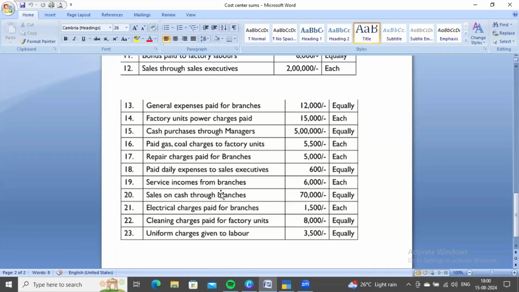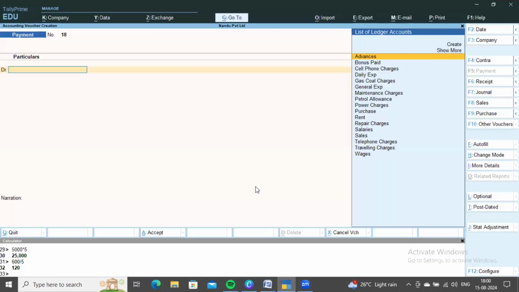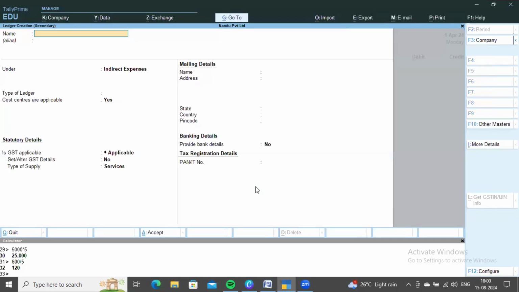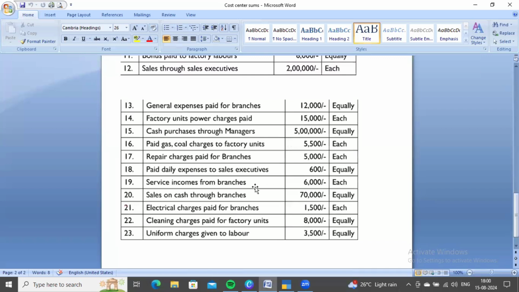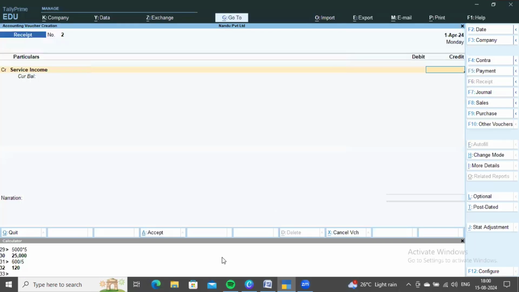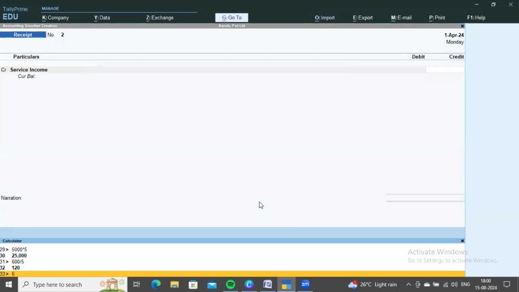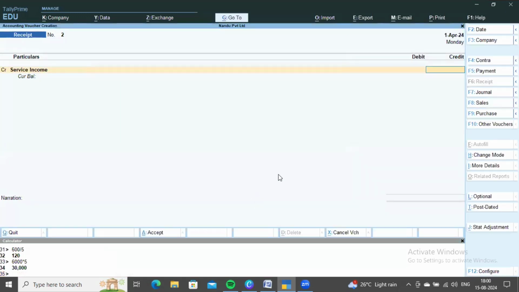Next, service income from branches. Here you are receiving income from the branches category, so it is a receipt to us, right? Go to receipt voucher and create a service income ledger account that comes under indirect income. The total amount is 6,000 each. There are 5 cost centers under the branch category, so 6,000 into 5 is nothing but 30,000.